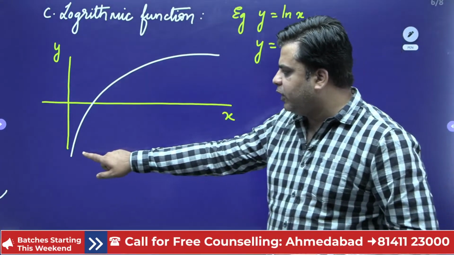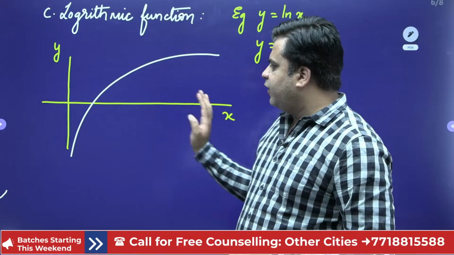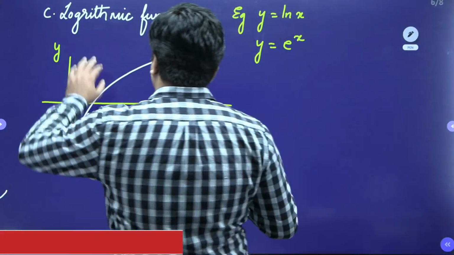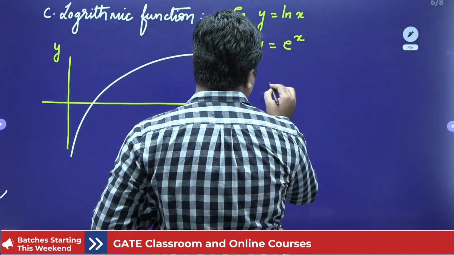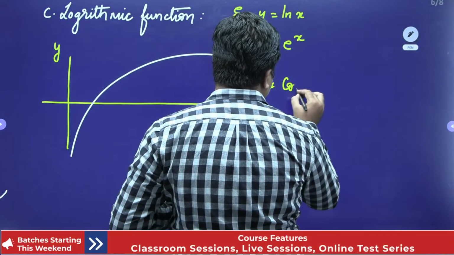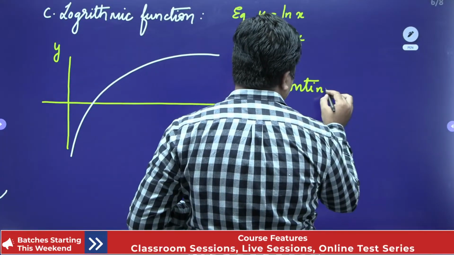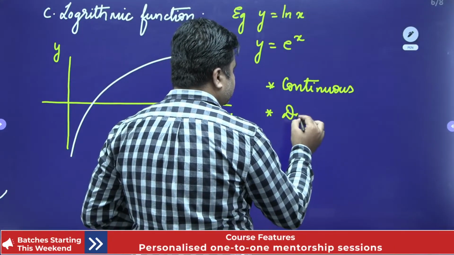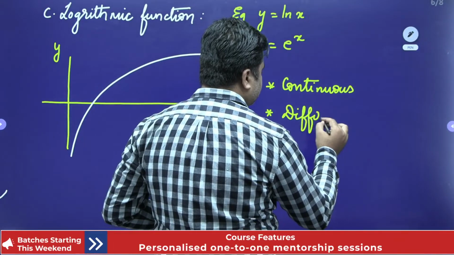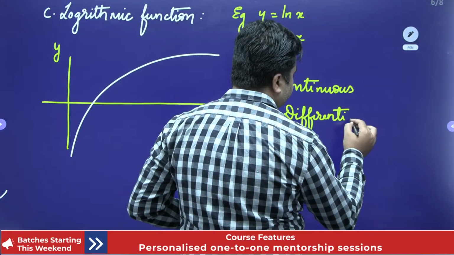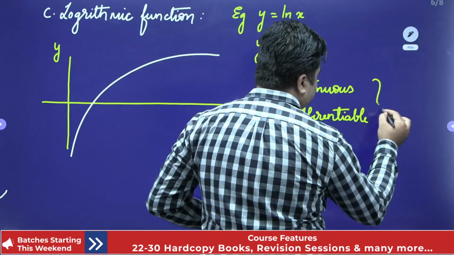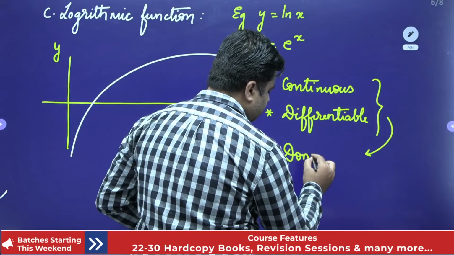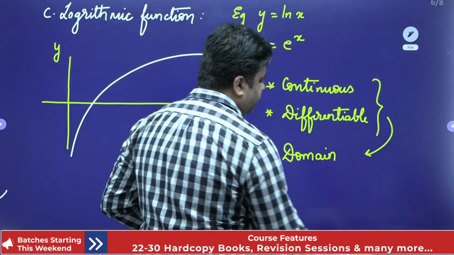So a logarithmic function, wherever it is defined, is both continuous and differentiable. So a logarithmic function will be continuous and it will be differentiable in the entire domain where it is defined.